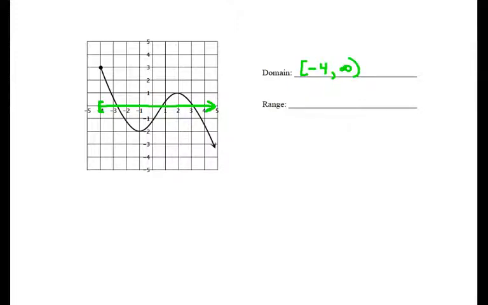For the range, I'm going to do the same thing. Look for a highest or lowest point if there is one. It looks like there's a highest point, so I'm going to start here and go down. And I can see that in the down direction, that arrow also seems like it's pointing sort of down. So I'm going to accept that as the trend in the graph.